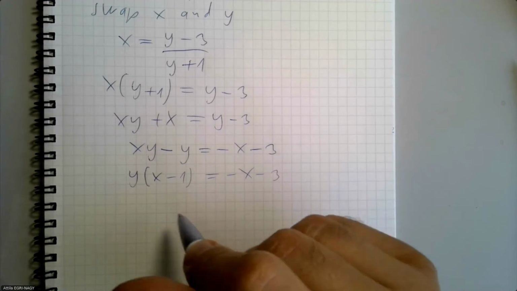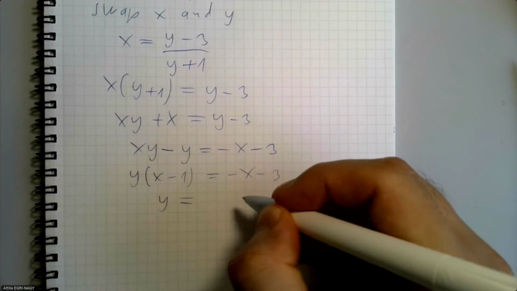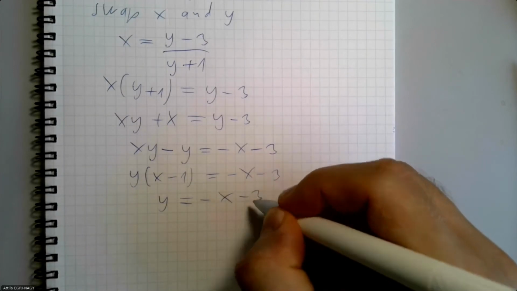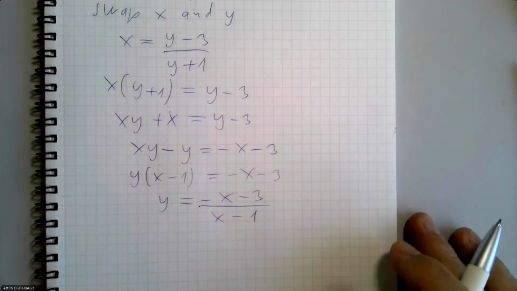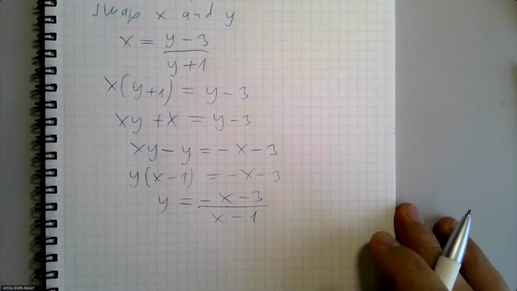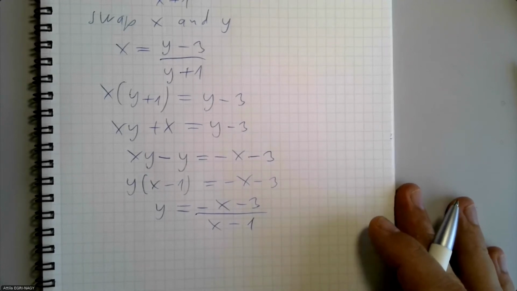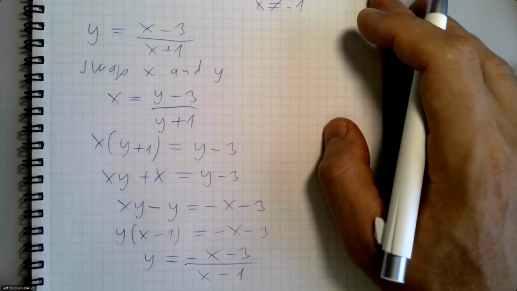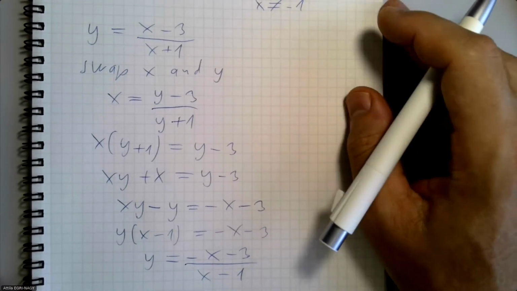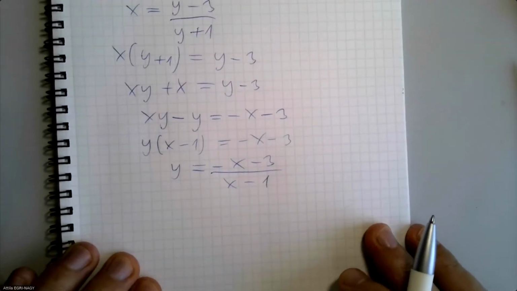Okay, so y is just (-x - 3)/(x - 1). So that's the inverse, but how can I check?